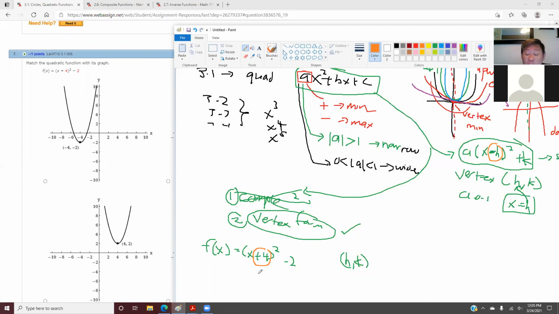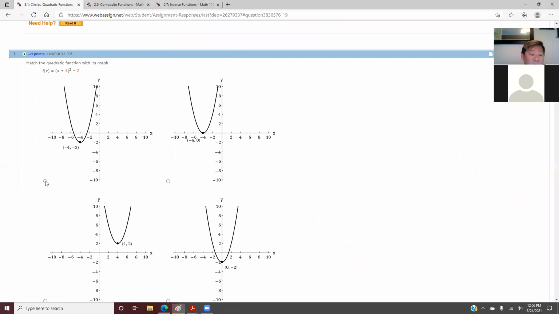So my h in this case will be negative 4. K is plus sign, but if you have a minus sign here, you also need to switch around. So your k in this case is -2. So your answer is going to be this, because your vertex is at (-4, -2).